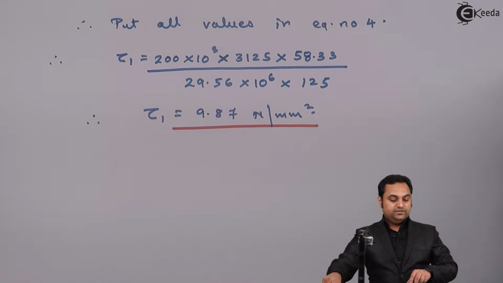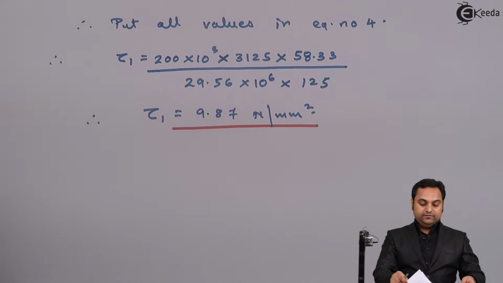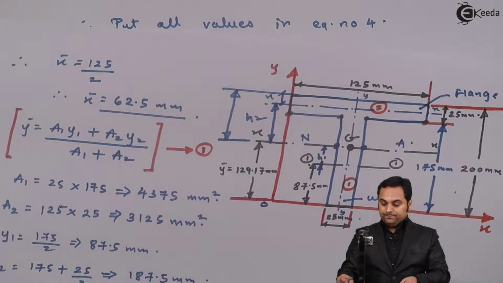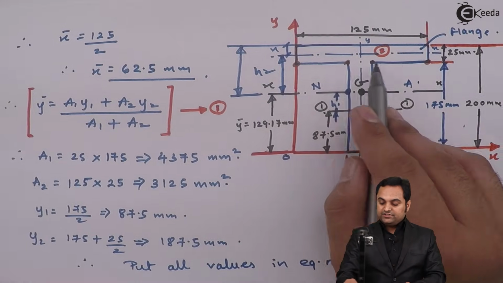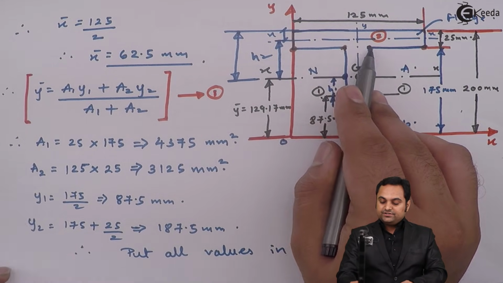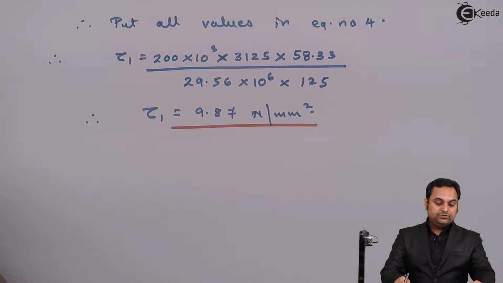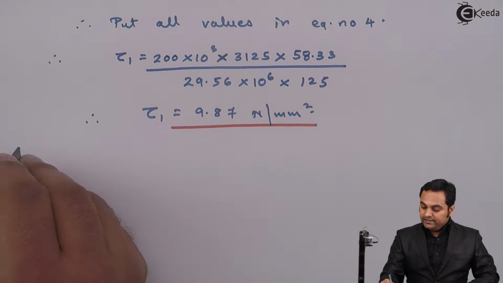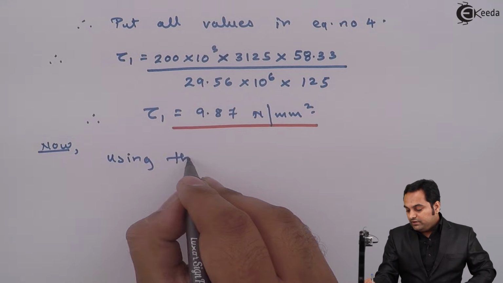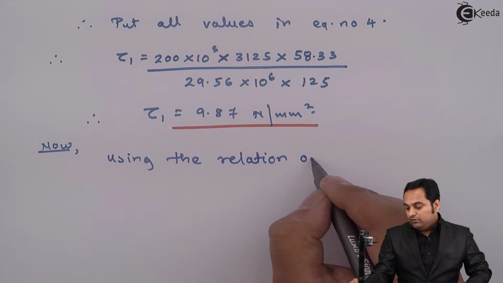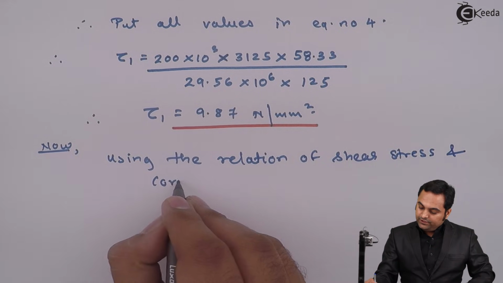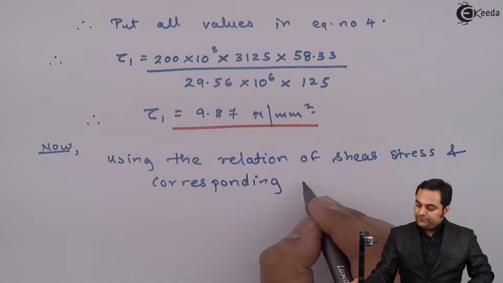Next, I'll calculate another value of shear stress, and that value will be at this location. Previously the shear stress which I had calculated was here. Now I'm calculating the shear stress at this location. For that I'll use a special relation, the relation of shear stress and corresponding width.